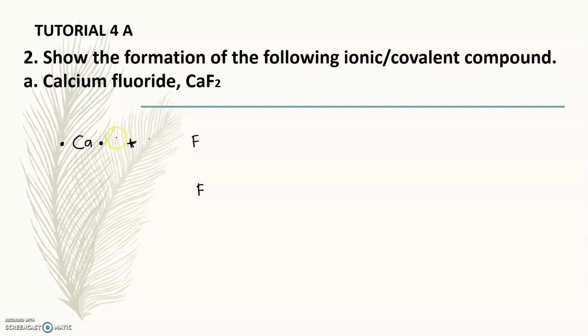In the formation of this compound, you must show the 2 types of atom, the electron donation, and then the forming of the compound. Fluorine comes from group 17, so it has 7 valence electrons. So we draw the valence electrons for fluorine: 1, 2, 3, 4, 5, 6, 7. Another fluorine atom: 1, 2, 3, 4, 5, 6, 7.